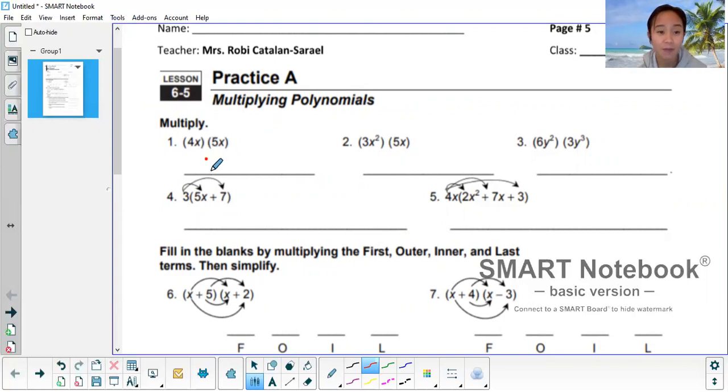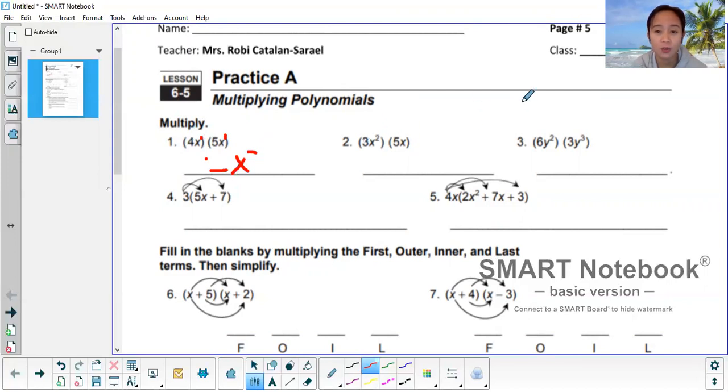You write it down. And then for the x, you add the exponent. So what's 1 plus 1? That should be the exponent that you're going to write over here. Okay? So 4 times 5, you write that down. Then you write x. And then 1 plus 1, you write that. What's that equal to? That's the exponent.